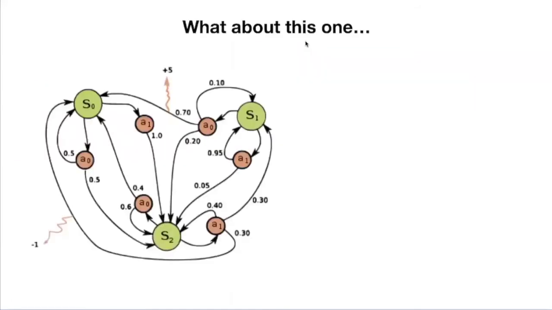But what about this Markov decision process, right? So this is still a very simple Markov decision process that has 3 states and I believe 2 actions, A0 and A1. But now I make the situation a little bit more complicated, right? So if you look at state S0, and if you look at the action A0, if you take A0 at S0, it has half probability of going back to S0 and half probability of going to S2, right?